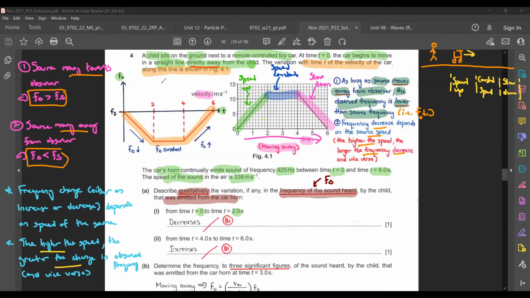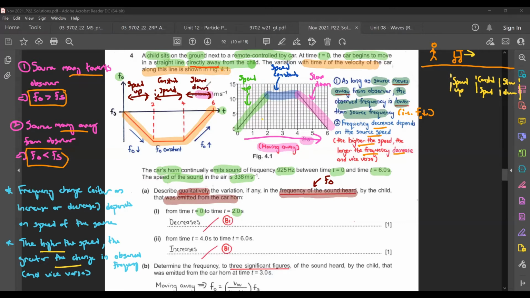This part here represents constant speed. And then this part here represents you slowing down.